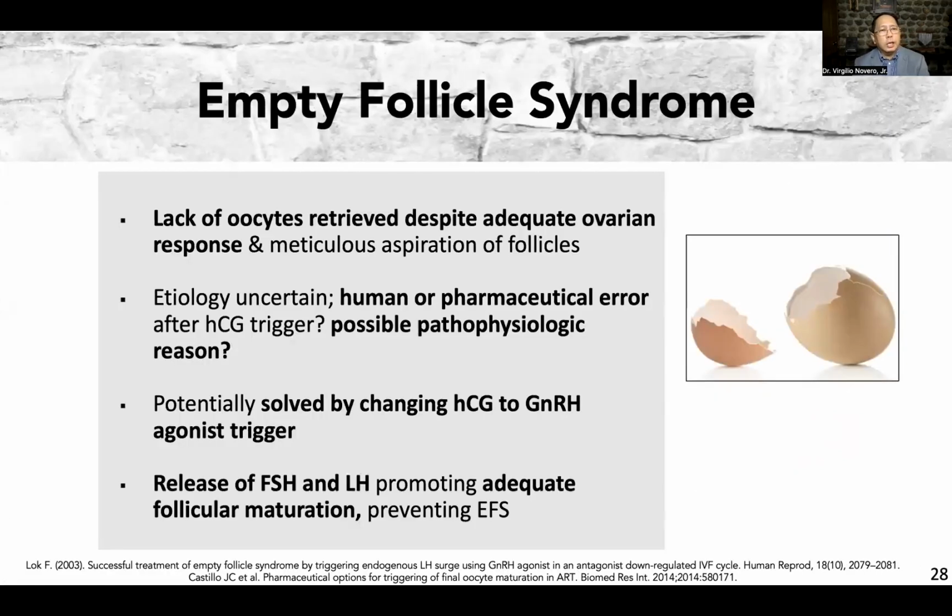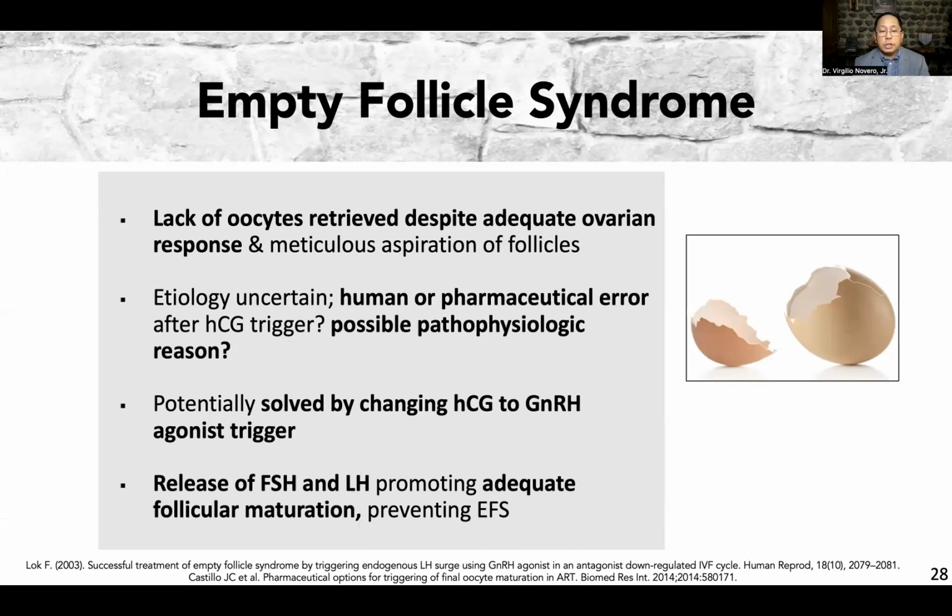However, occasionally you are not able to get some follicles and you label them as empty follicle syndrome. These are the lack of oocytes retrieved despite adequate ovarian response and meticulous aspiration of follicles. The etiology seems to be uncertain. It might be human error, it might be pharmaceutical error, or it might be because of pathophysiologic reason.